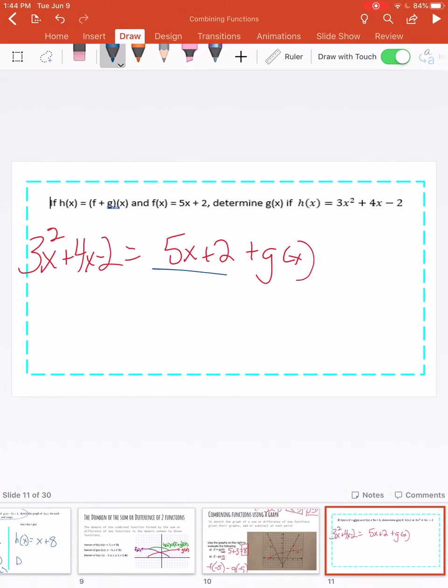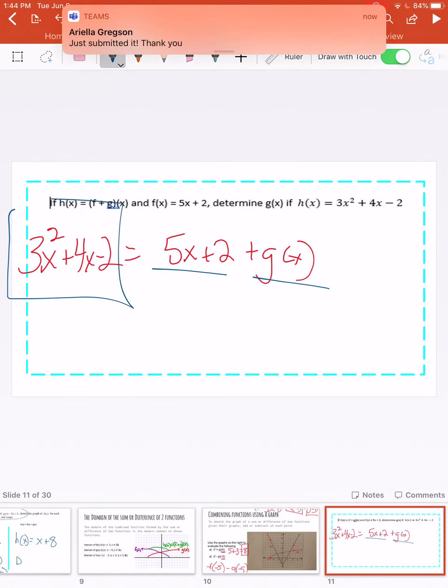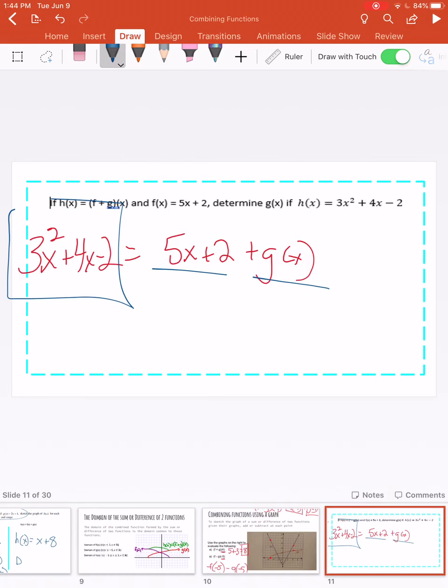If I need to add these two functions and this is my answer, what's missing here? I know that I'm missing a 3x squared. In order to get 4x from 5x, I'd need a negative 1x. And in order to end up with a negative 2, I'd have to add a negative 4.